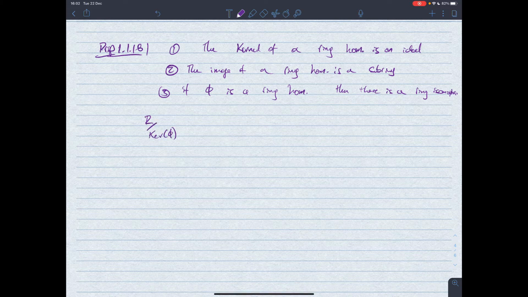The kernel is an ideal, so I can quotient out my ring by this ideal. And this is isomorphic, so I'm writing this as an arrow, to the image of phi. So this is a quotient ring, and it's isomorphic to this ring, which is a subring of the ring where the map goes to.